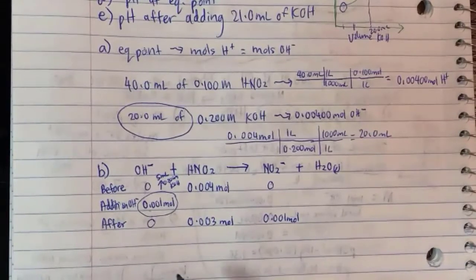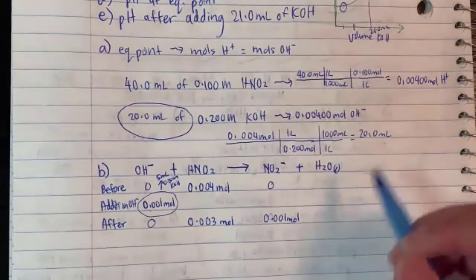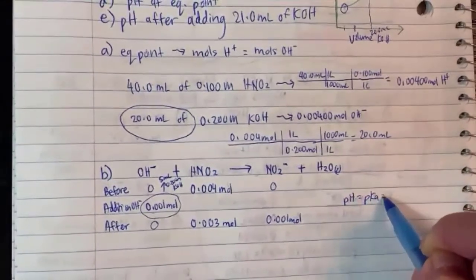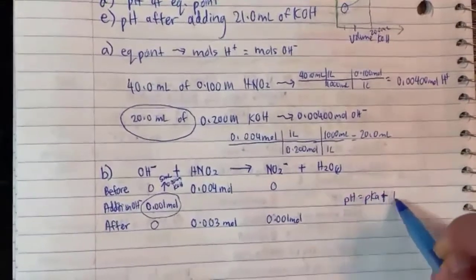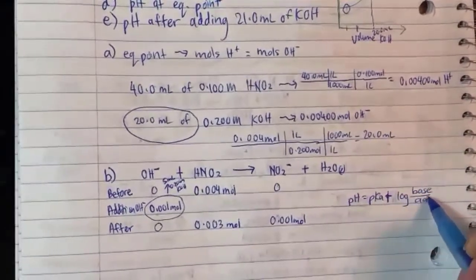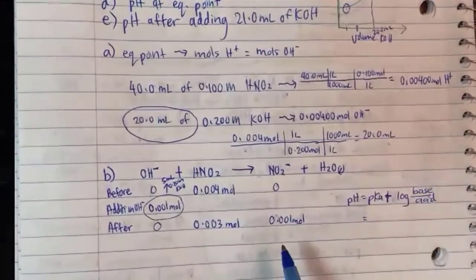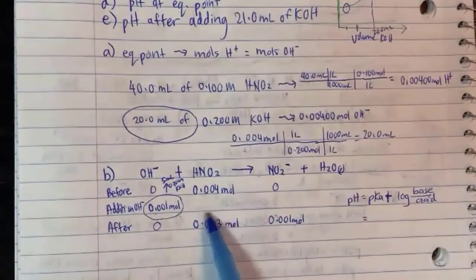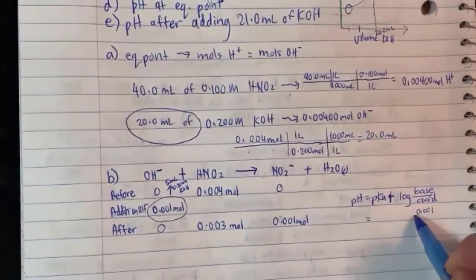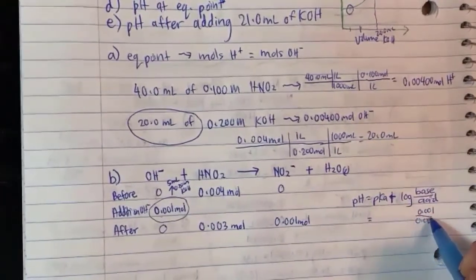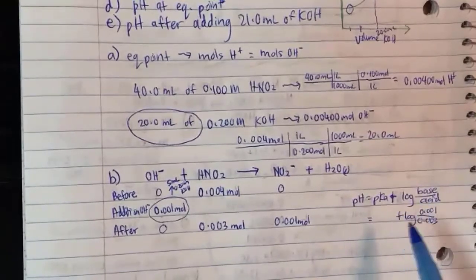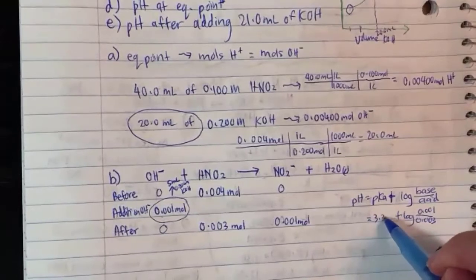The calculation would be pH equals pKa plus log of base over acid. In this case, this is my base and that's my acid. So I write 0.001 over 0.003. We take the log of that and add it to the pKa, which is given in the question, 3.34.